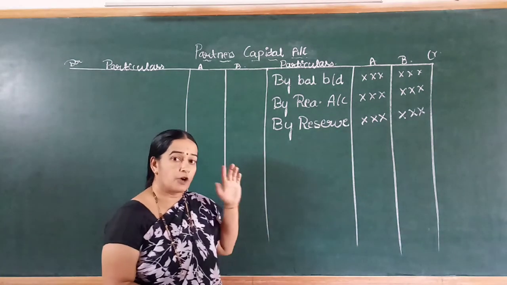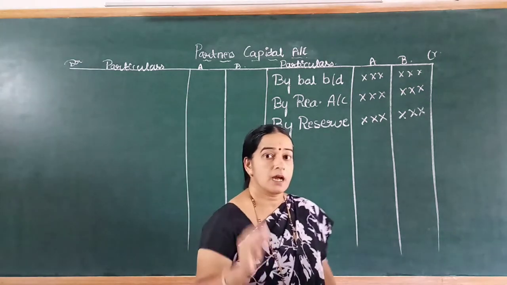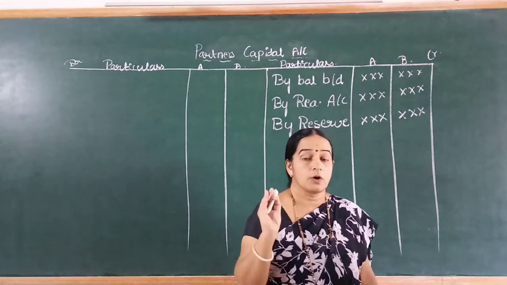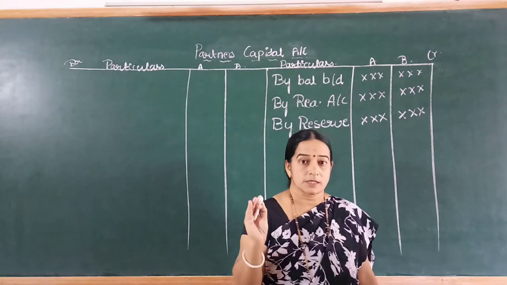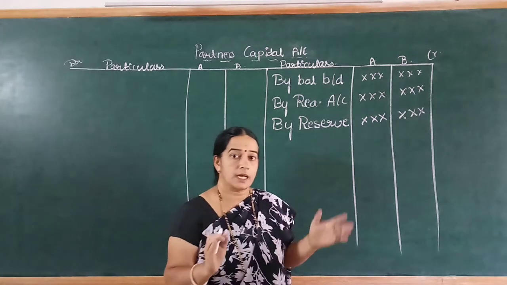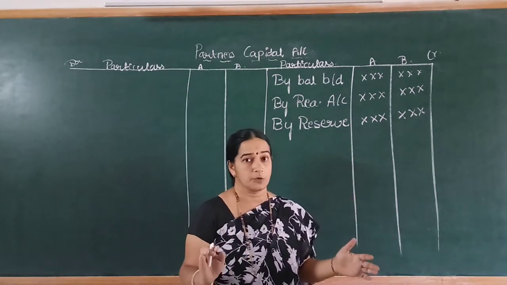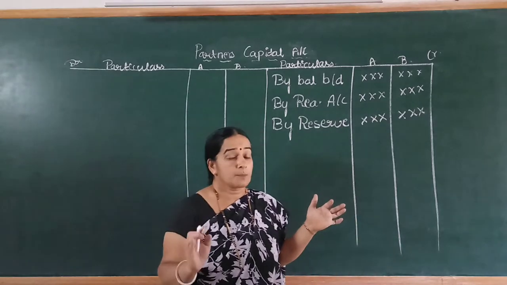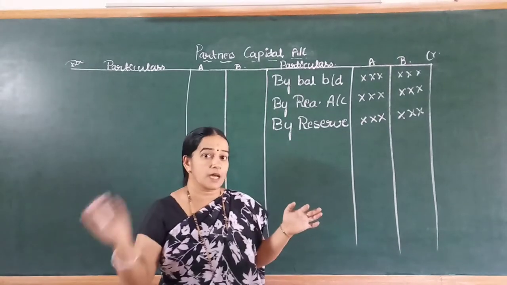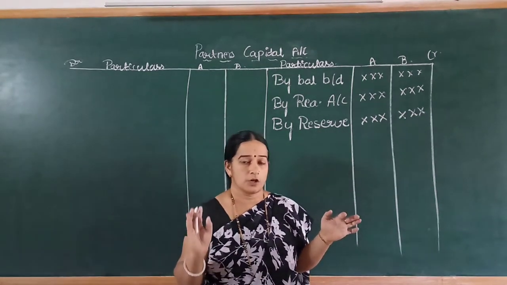Next, the fourth step: we have to check in the balance sheet whether there is any undistributed profit or undistributed loss. If the P&L account is given on the liability side, that is the undistributed profit. If the P&L account is given on the asset side, that is the undistributed loss.